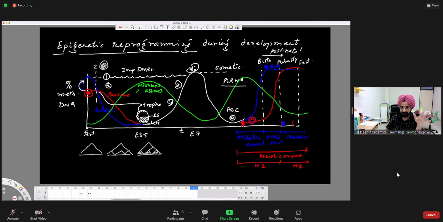Marks are actually formed, following this demethylation pattern. There is some minor difference in maternal and paternal. Maternal shows certain marks, paternal genome shows more marks in the beginning and likewise. There's a minor difference, not a great deal of difference, but there is a difference.